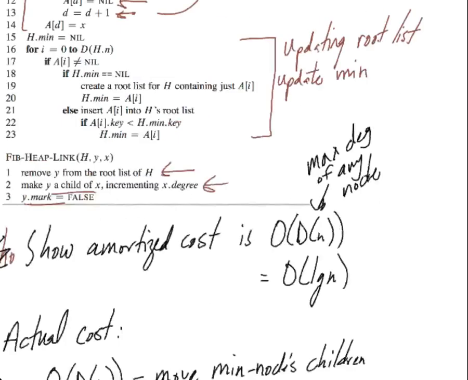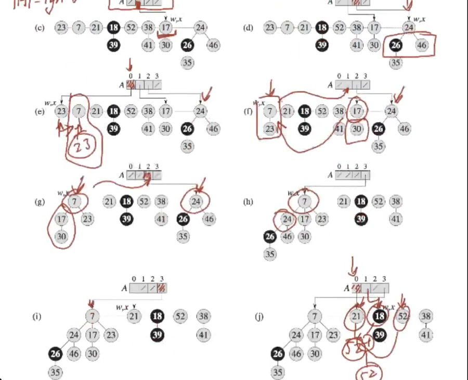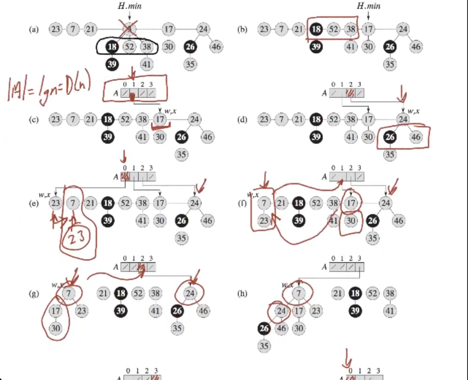Let's remind ourselves what that looked like. It's this right here, when we took all of 3's children and moved them up to here to end up with this. So how costly is that? Well, how many children could it have? Well, d of n, we know that we have a bound on the number of children, on the degree of d of n, and so that's how expensive that's going to be.